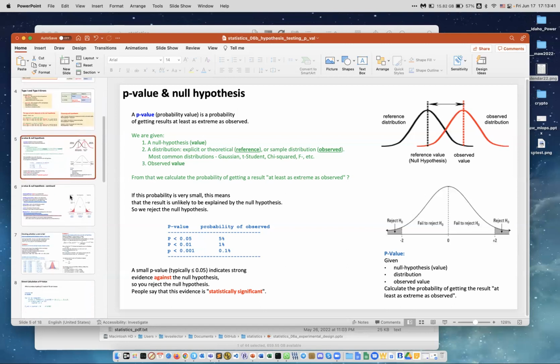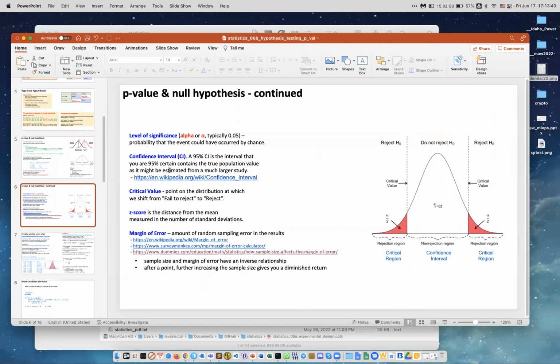Okay, so p-value. Well, there is some terminology. The level of significance, I was talking about 5%, is also called alpha. Confidence interval is like this area, so it's 1 minus alpha in area, right?